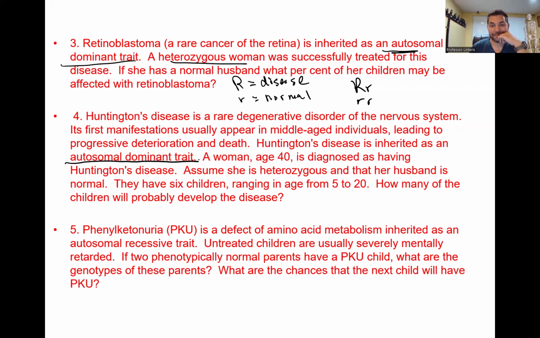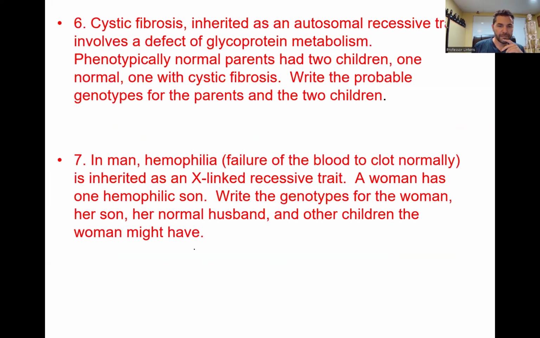Same thing, right? We just talked about PKU, autosomal recessive. This is telling you that these are all autosomal problems, aka the regular one, and the disease for PKU is on the little letter. The big letter is normal. Two phenotypically normal parents have one kid with the disease, right?